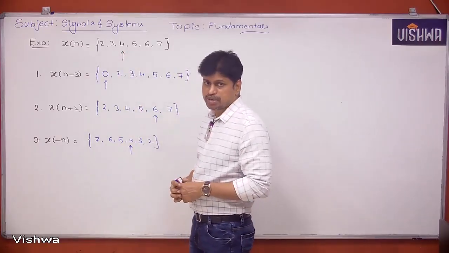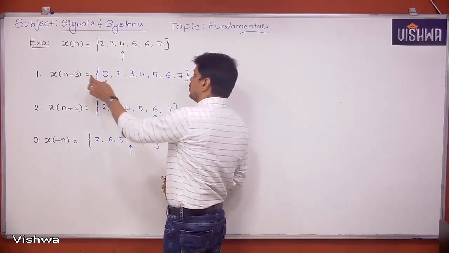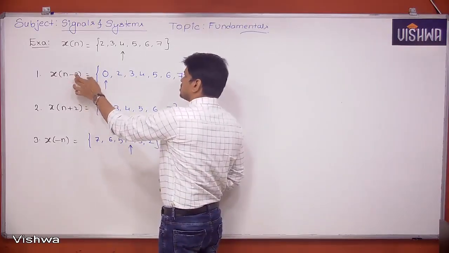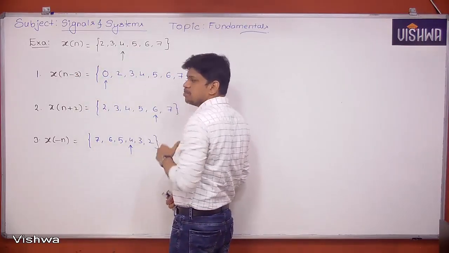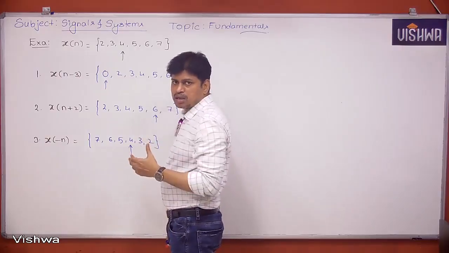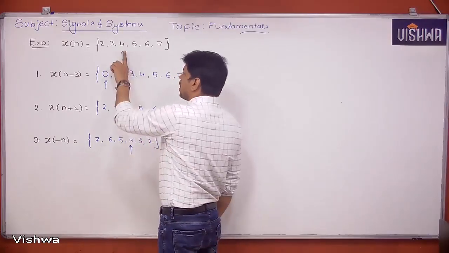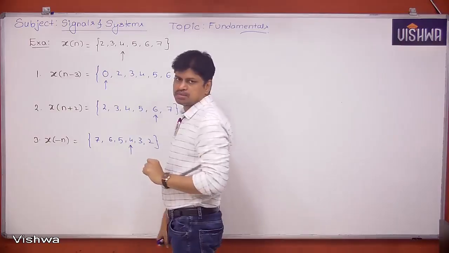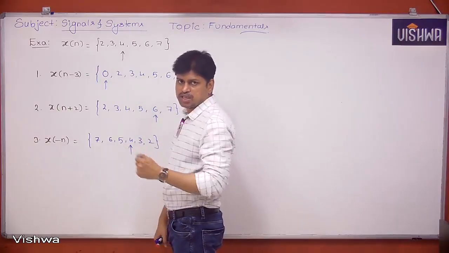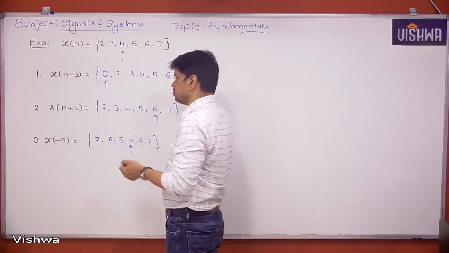I hope you understood what I am trying to say. So we can say to find x of n minus 3, the sequence has to move to the right side by 3 units. Or in another way, we can say the arrow is moving in this direction, that means leftwards by 3 units. As simple as that. Next.